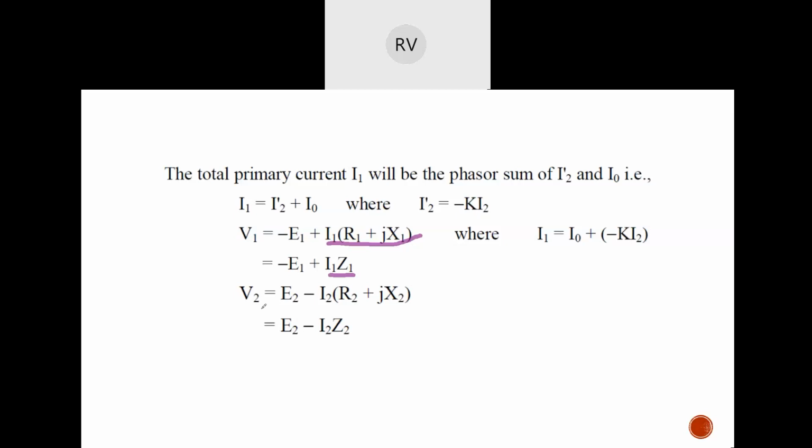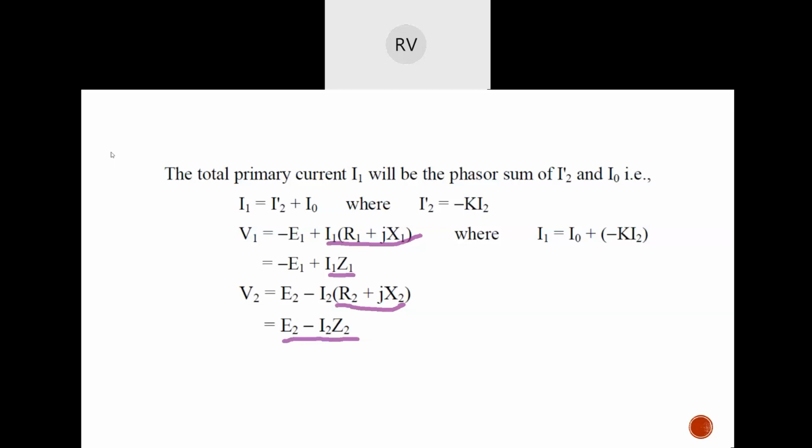Similarly, in case of V2, R2 plus jX2 gives the total impedance of the secondary winding. So the secondary voltage will be slightly less than E2.